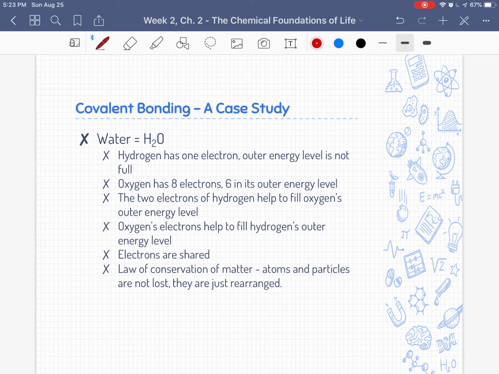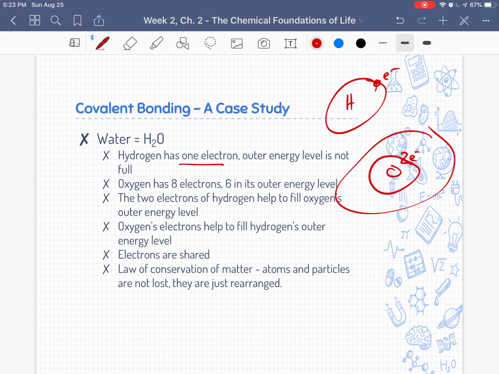So let's talk more about water and covalent bonding. Hydrogen has 1 electron. The outer energy level is not full. So hydrogen has only 1 electron, right? Oxygen has 8. So oxygen will have 2 electrons in the first level and 6 electrons in the second level. The second level wants 8, but oxygen only has 6.